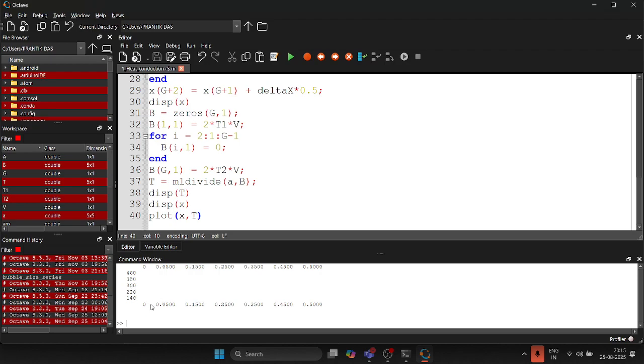But the X also includes the left hand side patch location and the right hand side patch location, so there are 7 points: 1 2 3 4 5 6 7. Is it clear to all of you?